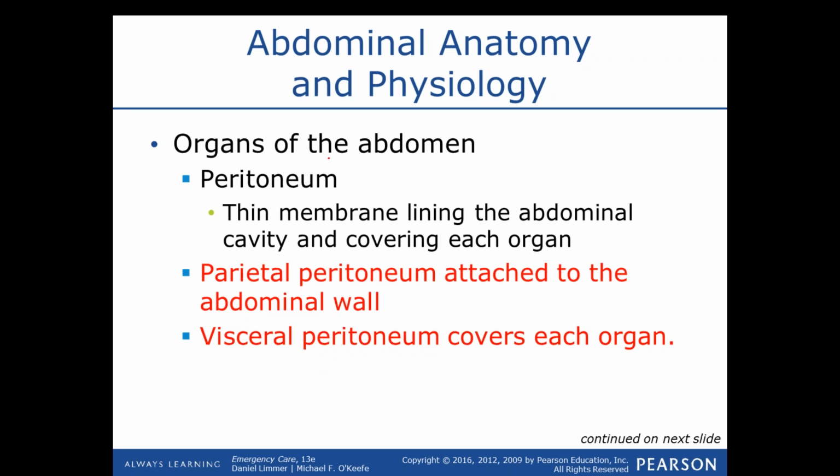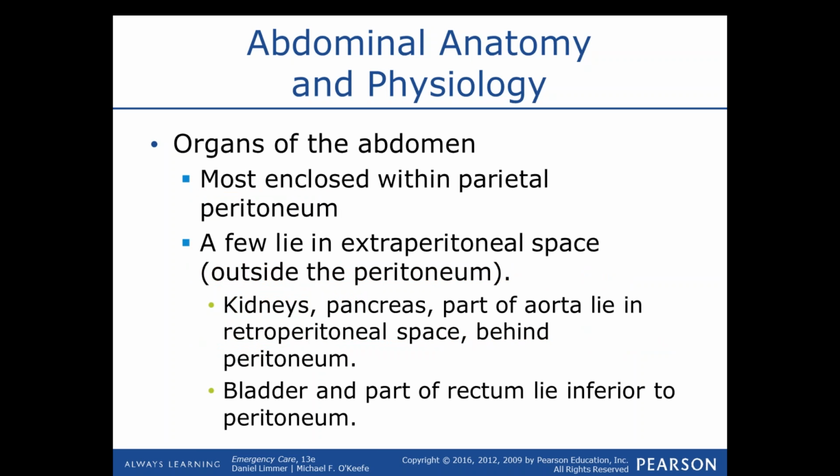The parietal peritoneum is attached to the abdominal wall, while the visceral peritoneum covers each organ. We took the broad term peritoneum and gave you a couple of specifics: the parietal peritoneum is attached to the abdominal wall, and the visceral peritoneum covers each individual organ.